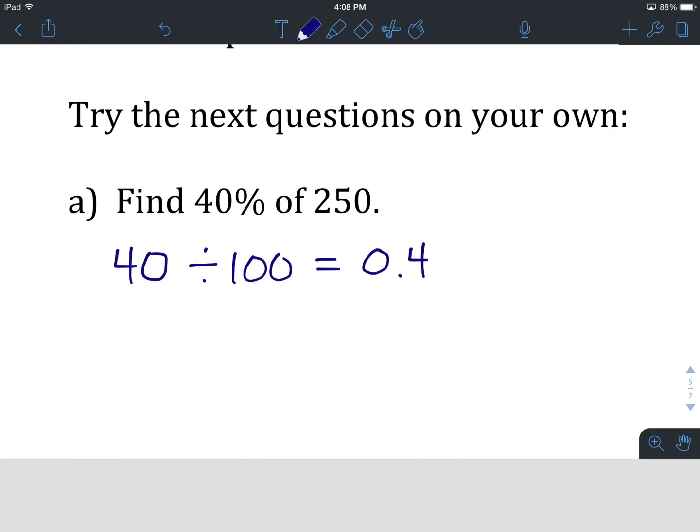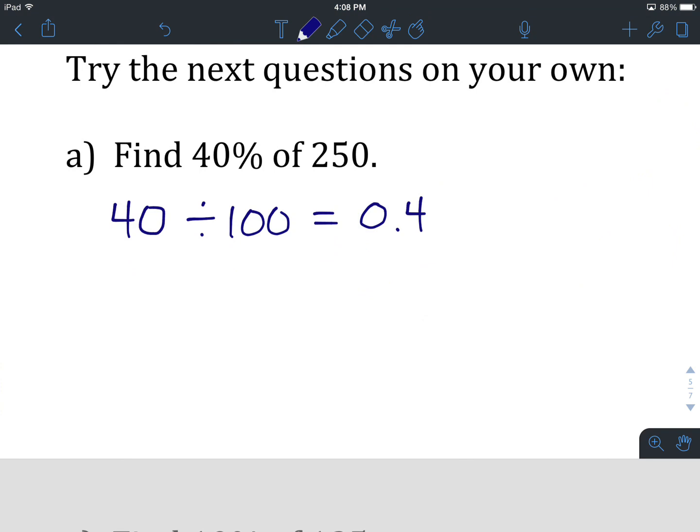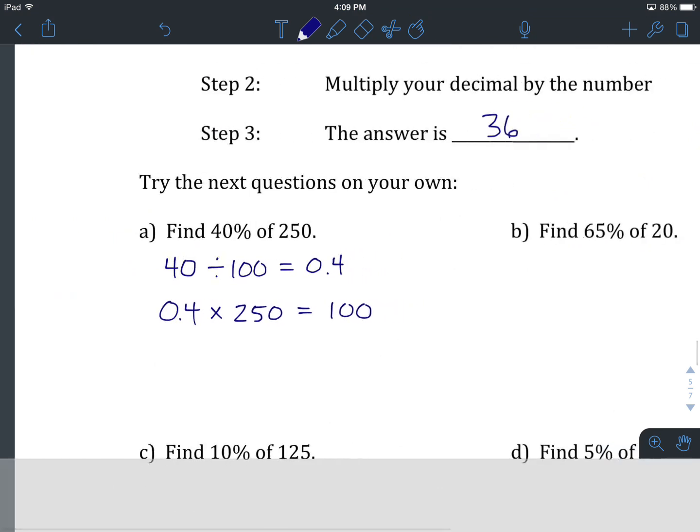Once we have our decimal, this is step number 2, so 0.4, and we multiply it by whatever the number is we want to know 40% of. In this question, it's going to be 250. That's the value that we type into our calculator. So 0.4 times 250 gives us 100. So 100 is 40% of 250.